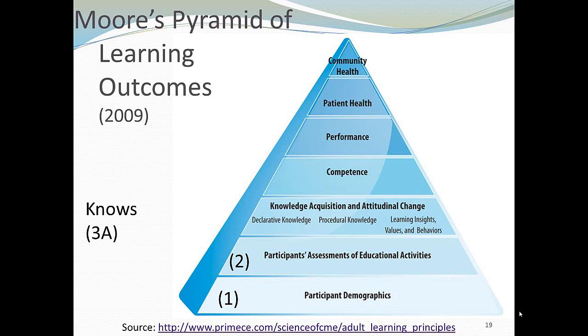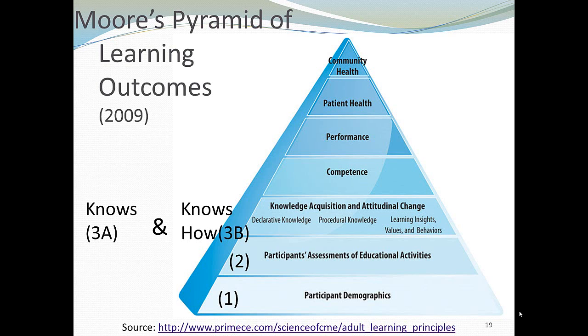And then Moore said, well, level 3 knowledge is actually two kinds. Knows, which is considered declarative knowledge, and knows how, which is procedural knowledge. Those can be measured separately. Then there are also less easy to measure values, attitudes, and sort of value systems.